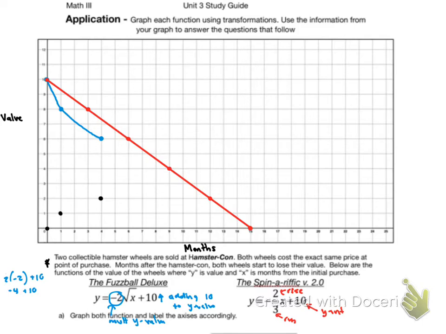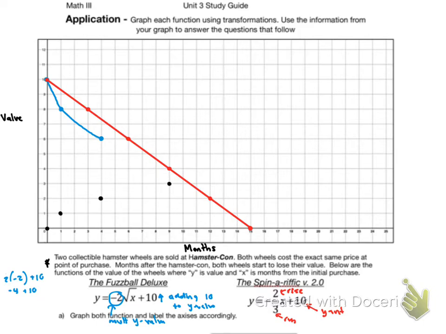So now looking at these graphs, and I didn't notice this before we worked it out, we might have to extend out the blue graph, the Fuzzball Deluxe, or we should have extended out the parent graph. So the next one over here, and we haven't went over this much in class, but it is a good skill to know, especially in these situations. For the square root function, there's another perfect point out here at 9, 3.